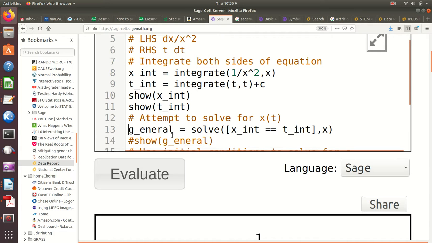And here I'm calling this the general solution. And notice this little trick I have. If I do an x underscore and then follow it by part of a word, an abbreviation, whatever, here I'm saying g underscore and then general, makes it the general solution. So what I'm going to do is solve that equation.